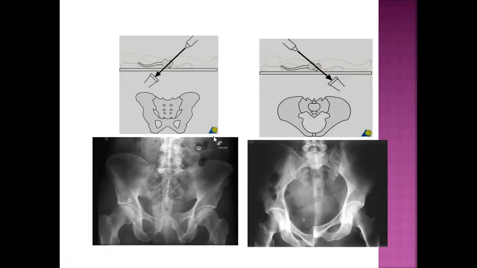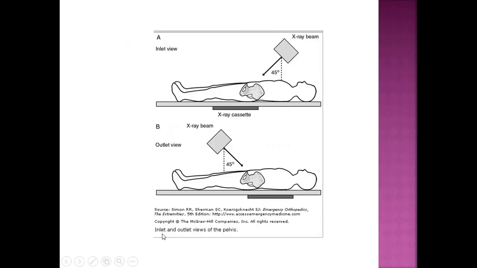These are different X-rays, inlet view and outlet view. These are the pictures which show displacement of the fracture in the inlet view and in the outlet view as well. In the inlet view, the X-ray beam is from the head side and the cassette is down on the table, and the view will come from that.